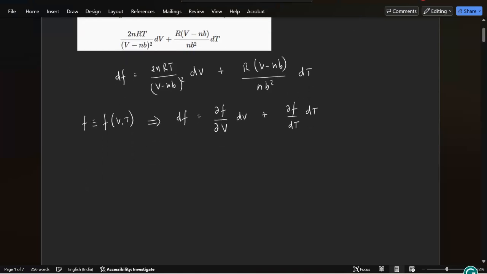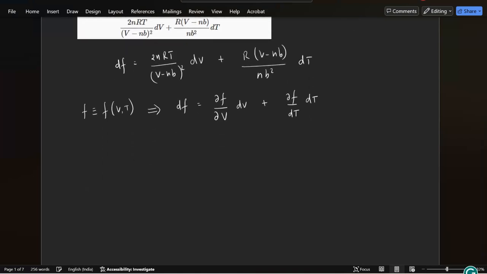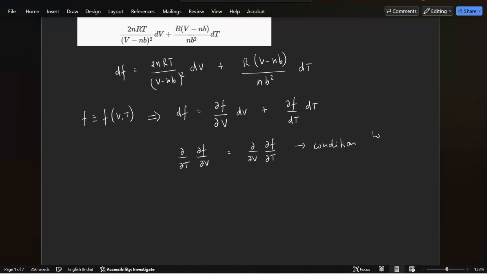The condition to check is del P by del V equal to del F by del P. This is the condition to be satisfied. Yes.